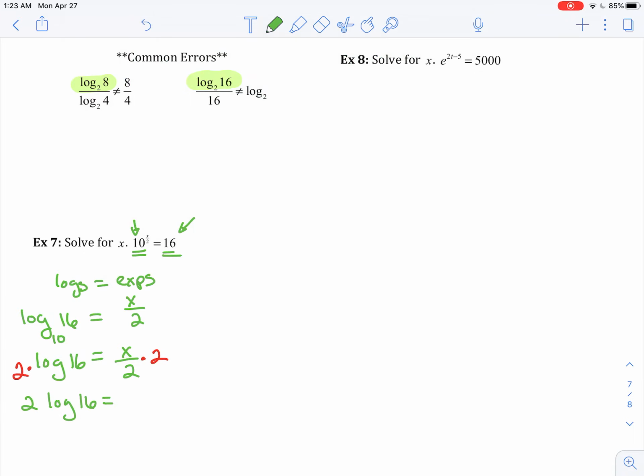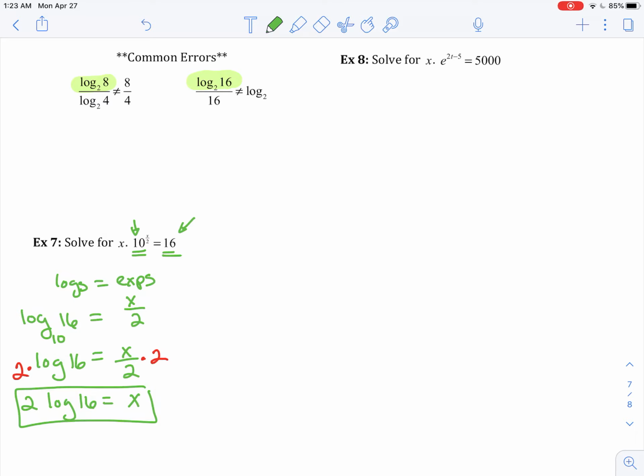So our final answer is just 2 times the log of 16 is equal to x. We can just leave our answer like that, since log of 16, base 10 implied, is not a nice perfect number.